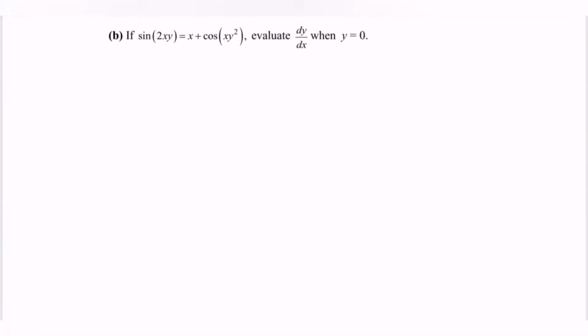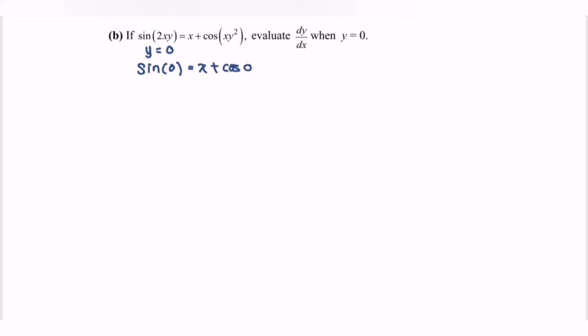If sine bracket 2xy equals to x plus cos bracket x y squared, evaluate dy dx when y is equals to 0. So first, my suggestion would be to identify the value of x before we start our discussion. If y is equals to 0, we will have sine 0 equals to x plus cos 0.